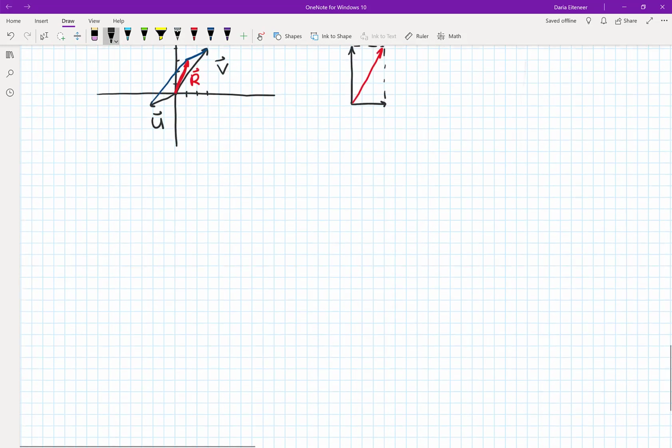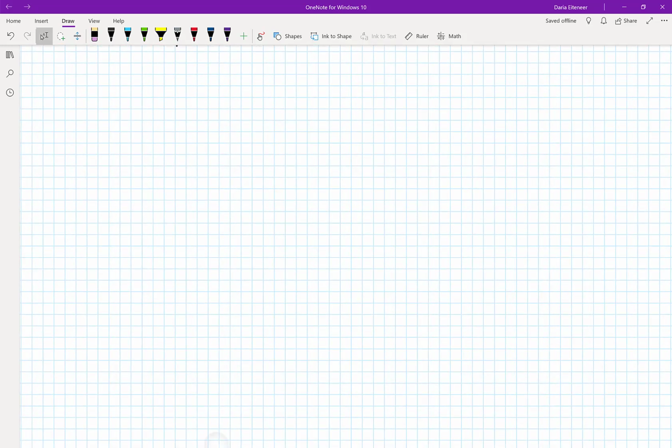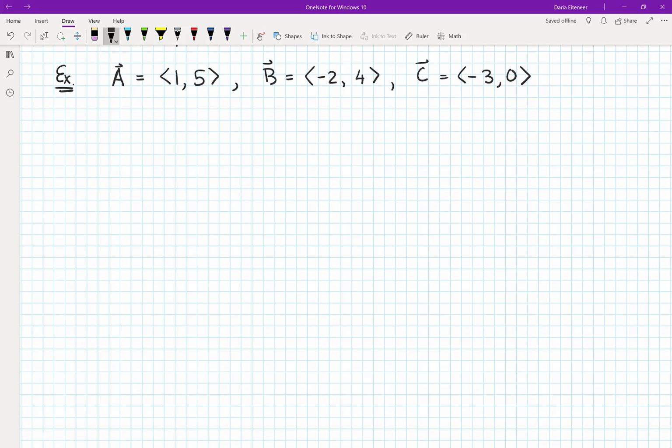let's do a slightly more complicated example here. So I'm going to use different vectors now. I'll use vector A, vector B, and vector C. Okay, and what I want to calculate, I'll keep calling that R, the resultant, is 2A minus B minus 3C.